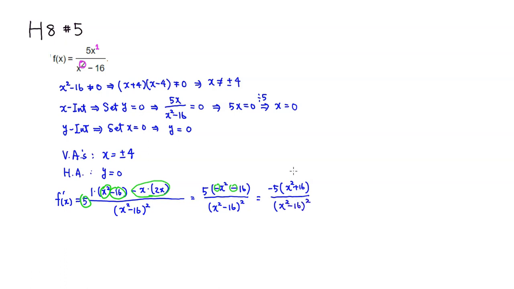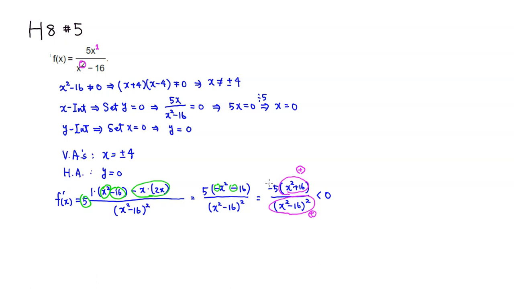This is always negative, because the x squared plus 16 portion is always positive, and because of the square, the denominator is also positive.